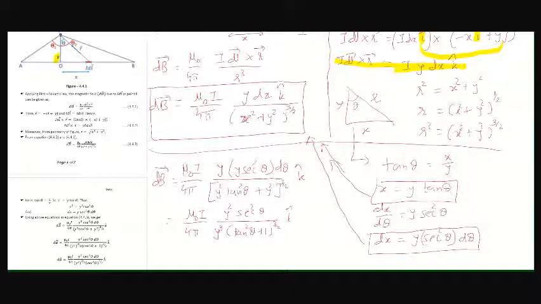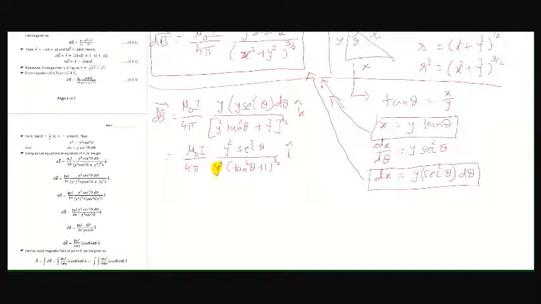How come cube? Because if you take y square common, it will have power of 3 by 2, and simplifying this, we will have y cube. So that's how we get y cube. And now still we can simplify further.